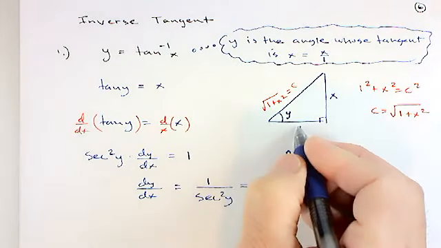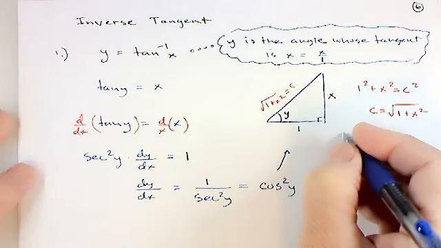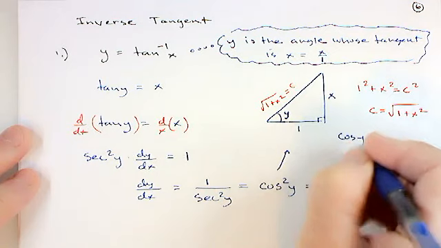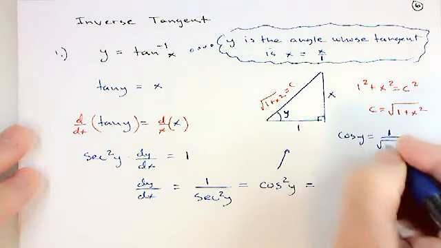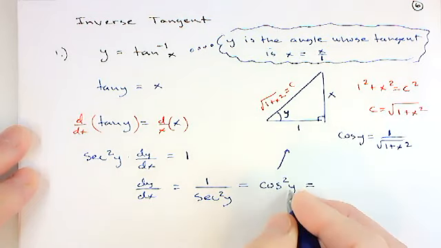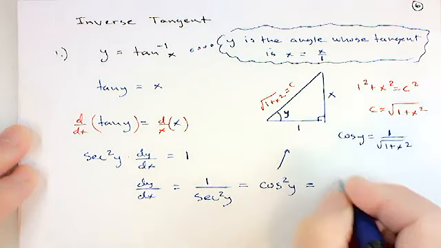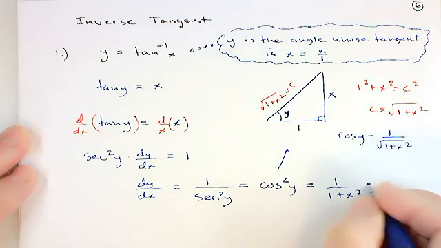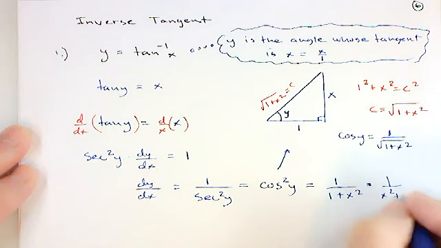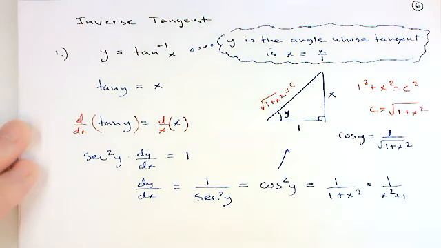So the cosine of y would be adjacent over hypotenuse, which is 1 over the square root of 1 plus x squared, which means cosine squared, if I square this, is just going to give me 1 over 1 plus x squared, or 1 over x squared plus 1. It doesn't matter what order you add.